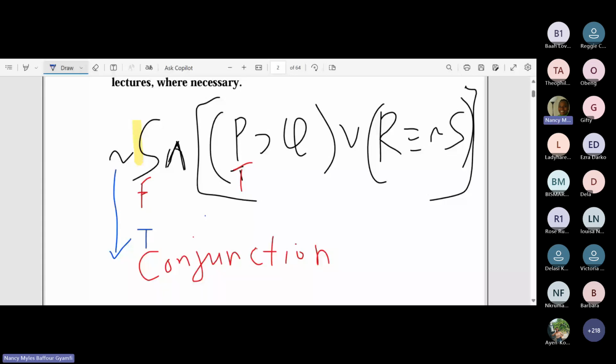Will that be enough to tell us the truth value of the whole conjunction? Dear friends, can we stop at this stage and say that we know our left conjunct is true, therefore the whole conjunction is true? Can we? Or should we? No, we shouldn't.